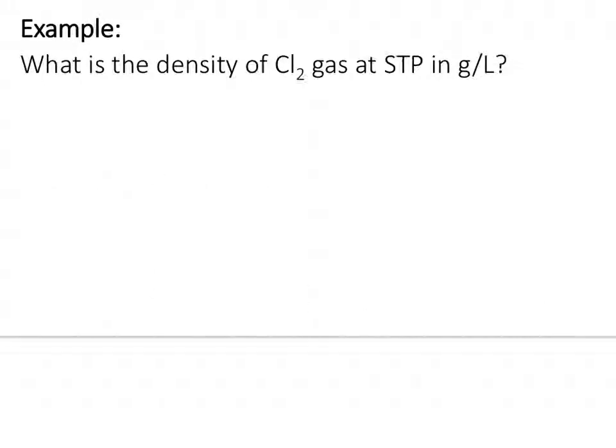All right. Lastly, what is the density of chlorine gas at STP in grams per liter? Now, you're probably freaking out saying, wait, what the heck is density? Here's the thing you've got to learn in chemistry. Almost every equation I gave you derives or comes from the units that we're looking for.